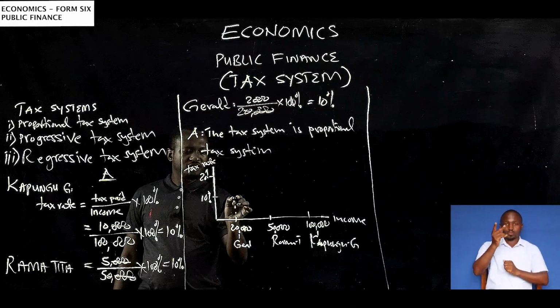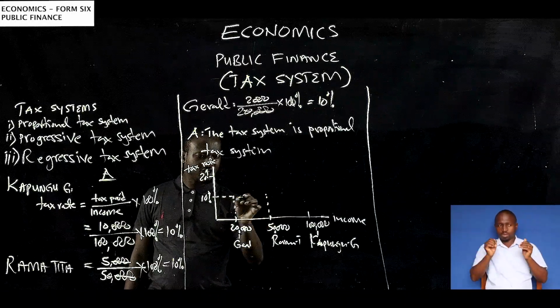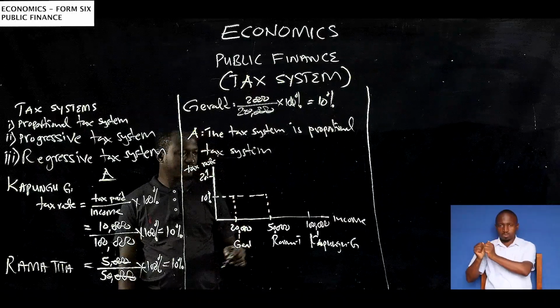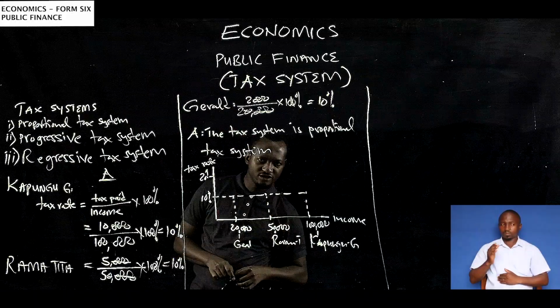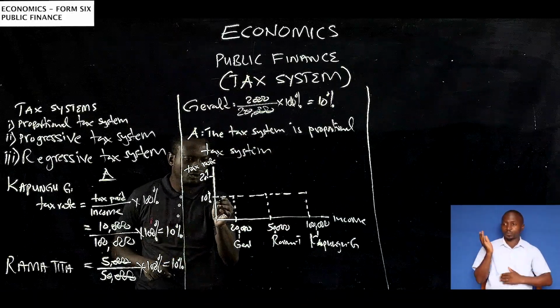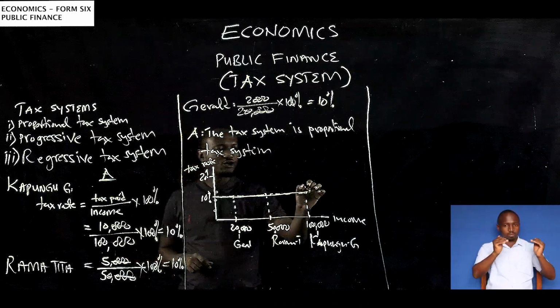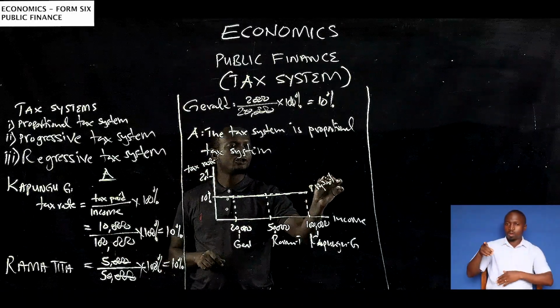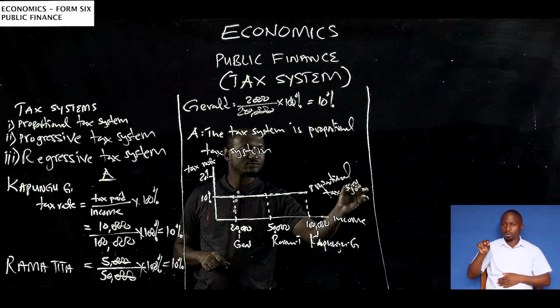Gerard is charged 10%. Ramatita is charged 10%. Kapungu G is charged 10% tax rate. So all are taxed the same. This is a proportional tax system.